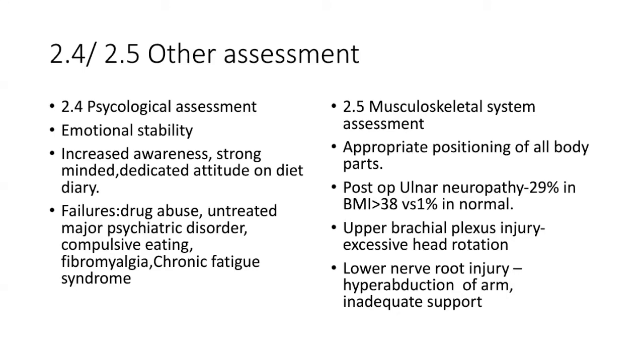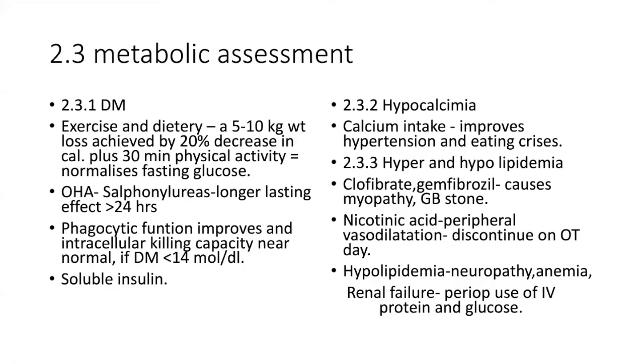So we have to assess all these things because neurological injury is a rather worrisome thing. In an obese patient with more than 38 BMI, it is about 29% higher than in a normal weight patient.